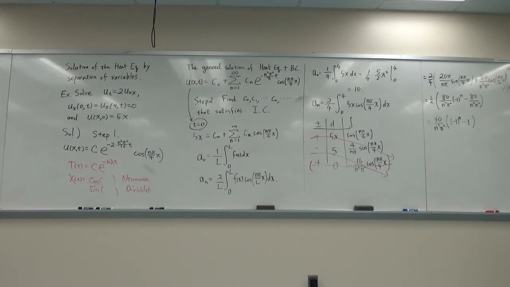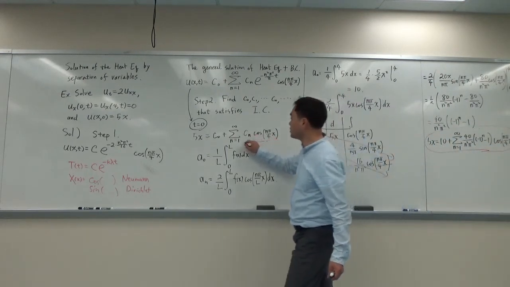Okay. So now where are we at? We found the A0 and An, and we have 5x now equals A0, which is 10, plus summation of n from 1 through infinity of 40 over n squared pi squared of negative 1 to the nth power minus 1 cosine of n pi over 4 x. Now compare this right here with this.